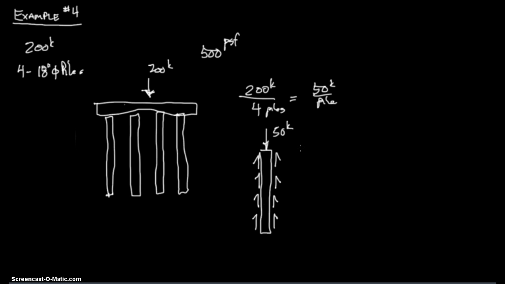This is skin friction. And in typical situations, you want to use skin friction when you have really deep bedrock, or you just don't have any decent firm soil to bear on.